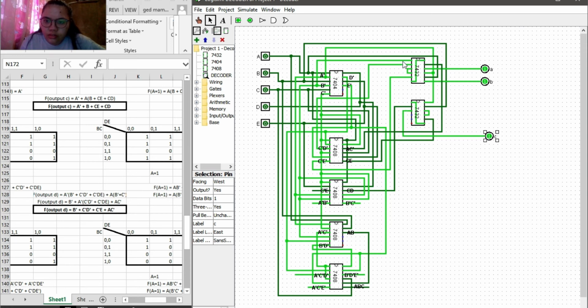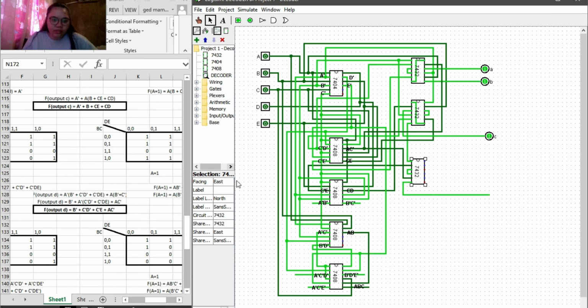Just connect this B naught and here B naught or C and D. The output of this is output D.